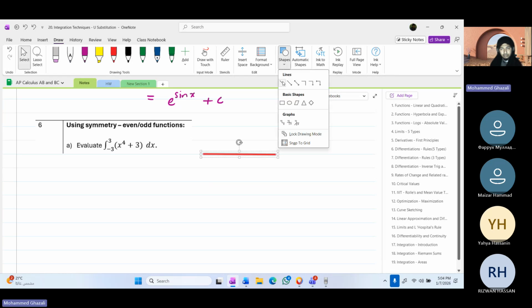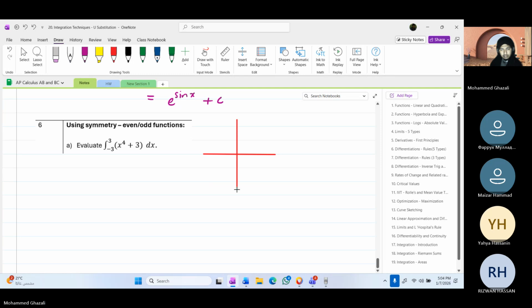now I'll explain this to you by means of graph, because we did areas, right? So if you're thinking about the x to the power 4 plus 3, it's more like a function which is a little bit quadratic, but obviously it goes much faster, right? So this is the function, and we try to integrate from -3 to 3, right?